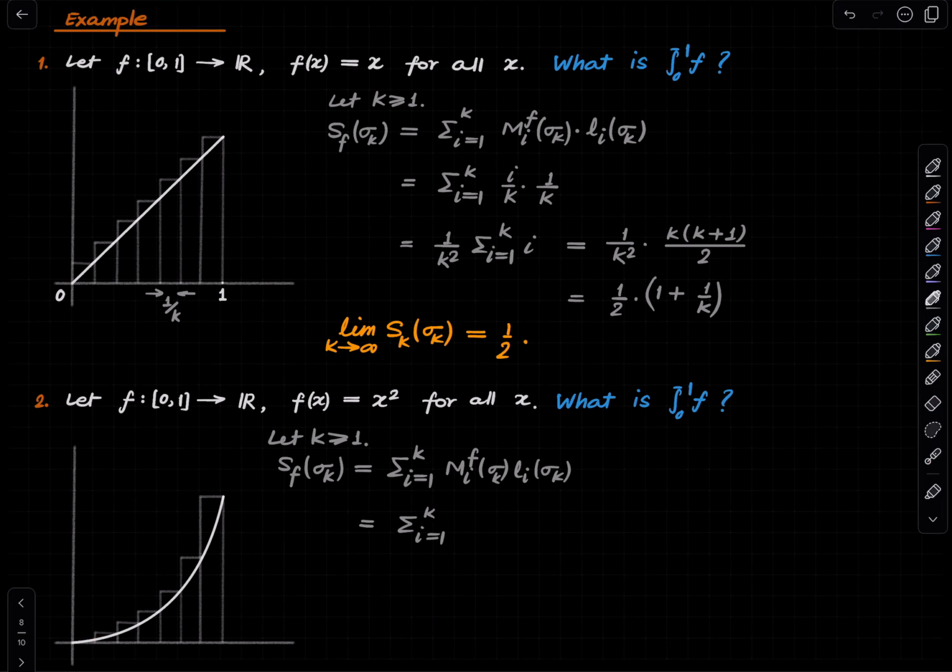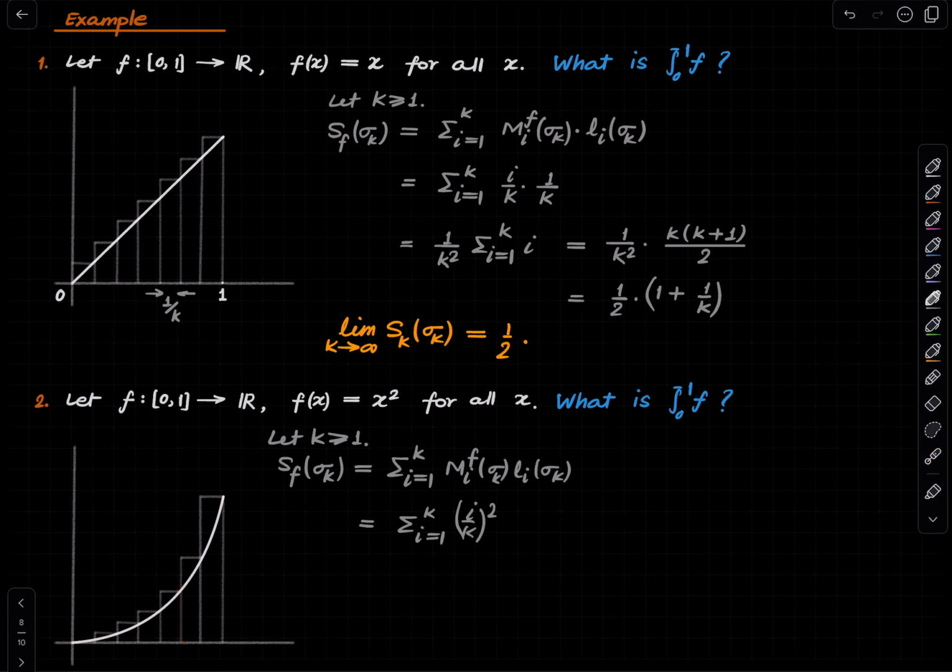The value of the function is 1 upon k whole square. So what am I saying? In the first part, what is the supremum? It's 1 upon k square. Then the second part is the square of 2 upon k. Then the square of 3 upon k, and so on, because it's an increasing function. So the supremum is taken at the last point. So that's what it is.